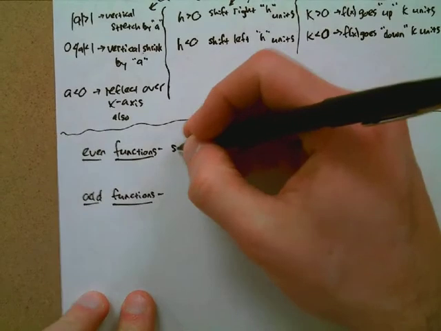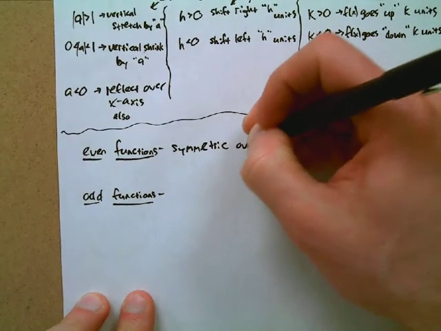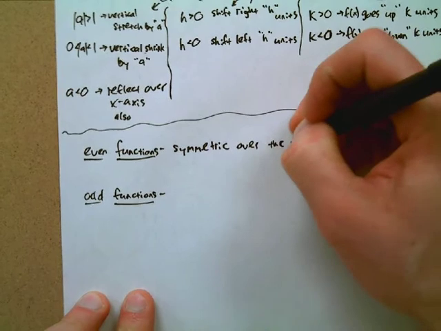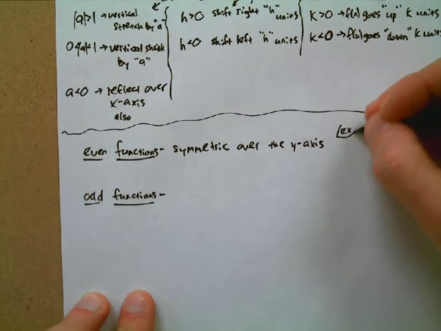An even function is symmetric over the y-axis, and I'll draw an example here.